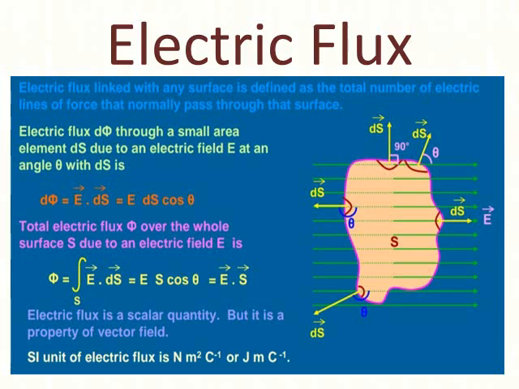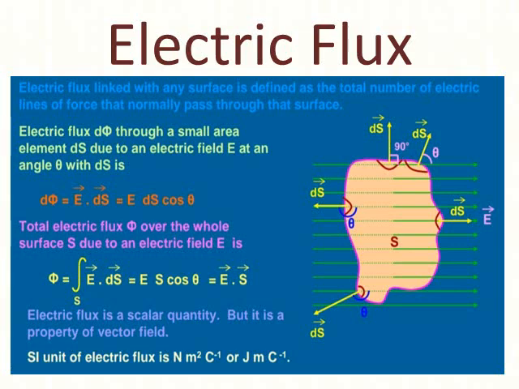But if the electric flux d phi through a small area element ds due to an electric field E at an angle theta with ds has to be found out, then d phi will be the dot product of the electric field vector and the area vector, and the angle will be the angle between E and ds, the small area chosen.